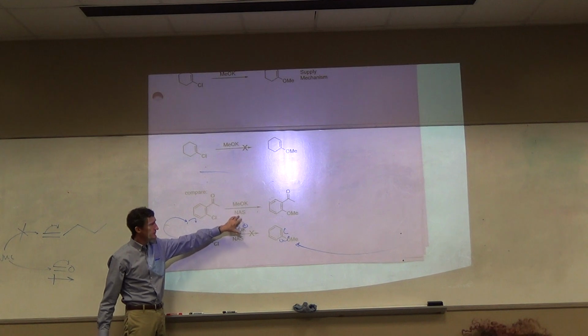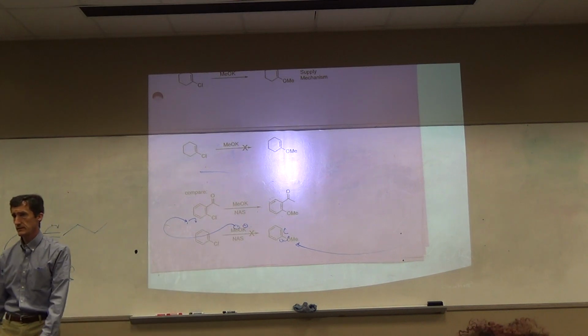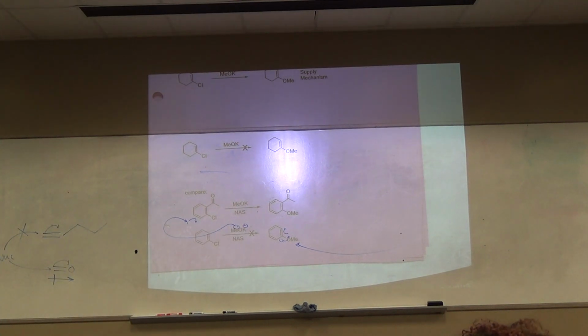What was the requirement for NAS? A strong electron withdrawing group ortho or para. Why? What did that allow us to do? Resonance into the carbonyl, so that we get the charge onto a heteroatom. The resulting charge landed on a heteroatom. And that made us able to do NAS.